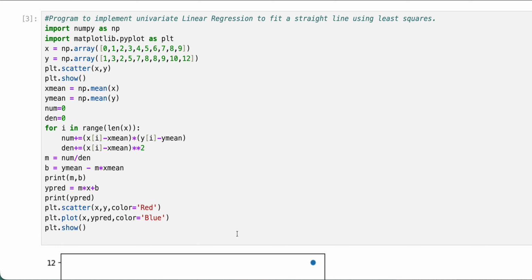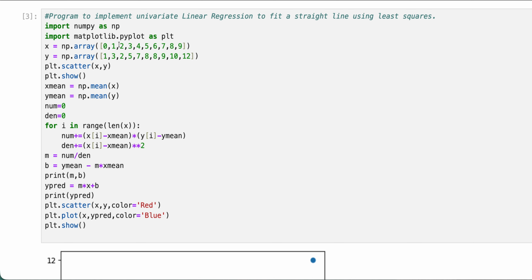Then afterwards, you're going to do the linear regression to fit a straight line. You're going to find the linear regression line for these data points. For that, first you find the x bar and y bar, which are the mean of the x values and the mean of the y values. Then you define the numerator as well as the denominator initially as 0.